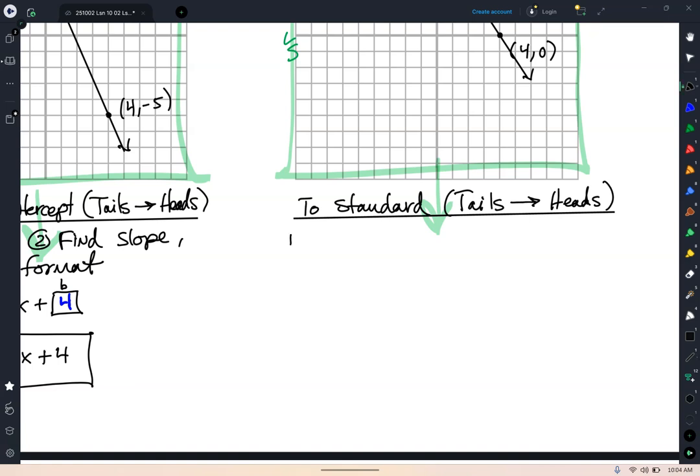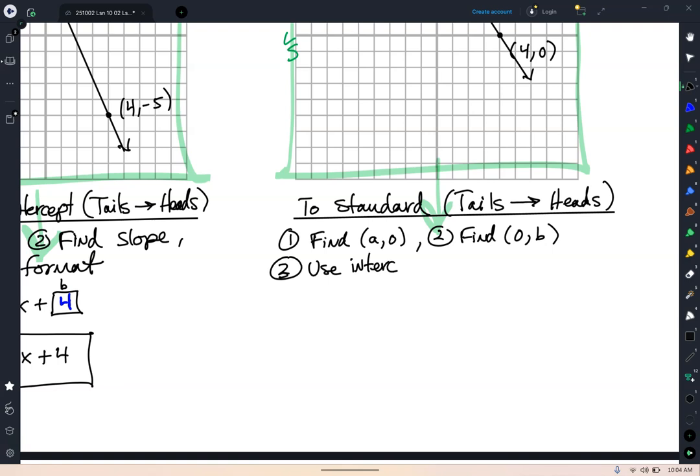So again, we're going to find our a, 0, and then we're going to find our 0, b, our x-intercept and our y-intercept. And then we are going to use intercept form.